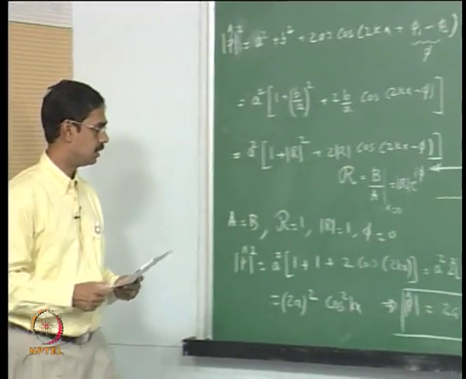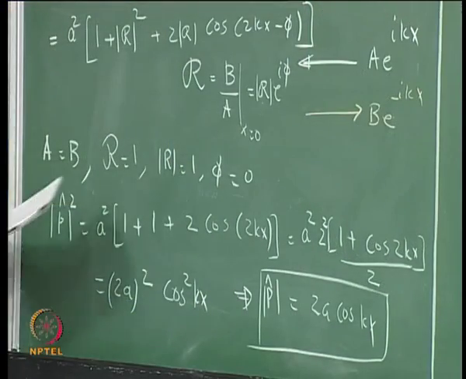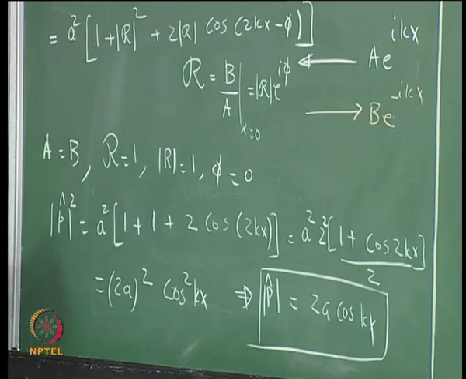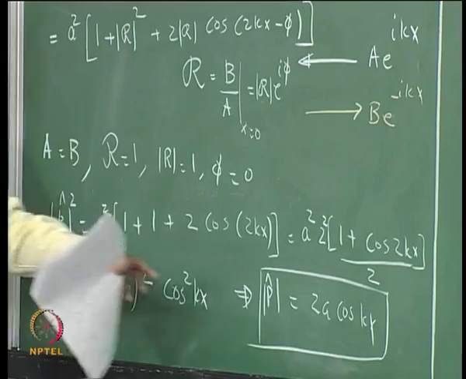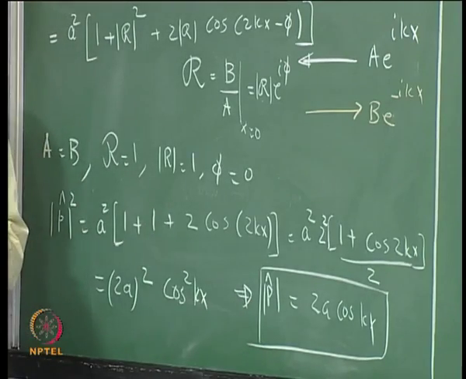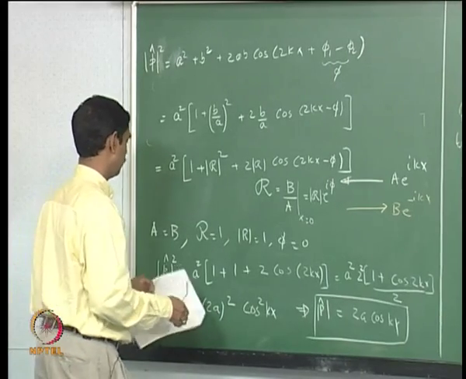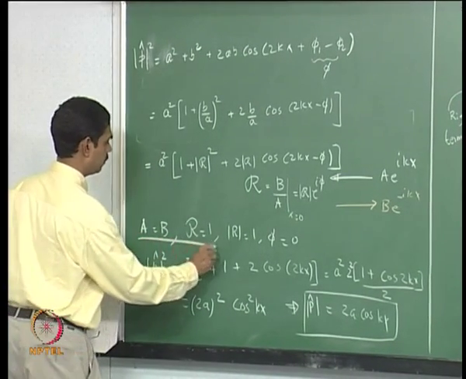So what is this termination actually? We worked out this problem earlier. When is the reflection coefficient equal to 1, and when do you get this kind of pressure distribution? Closed end, yes, a rigid termination. So this would be for A equal to B and r equal to 1.